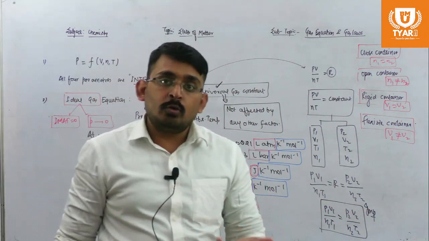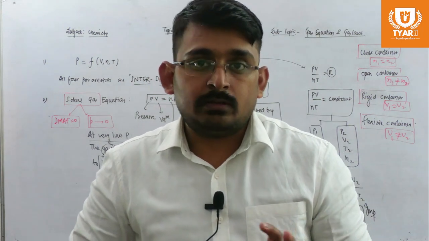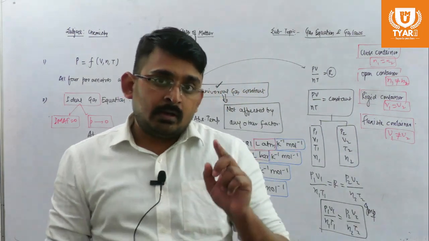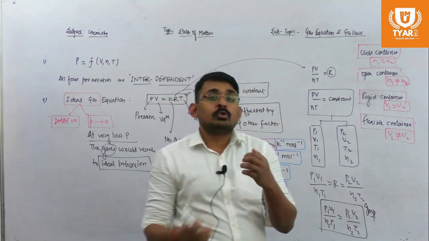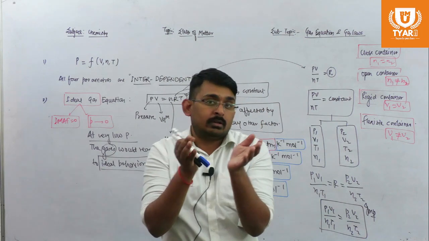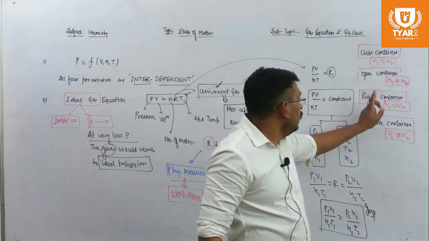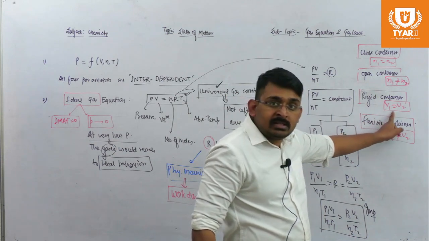If the container is closed, the gas is trapped, so their moles will be fixed. The moles will not change. If the vessel is open, some gas may come in or go out, so moles are not conserved here. So moles are conserved in a closed container, and not conserved in an open container. Rigid container, volume remains the same.